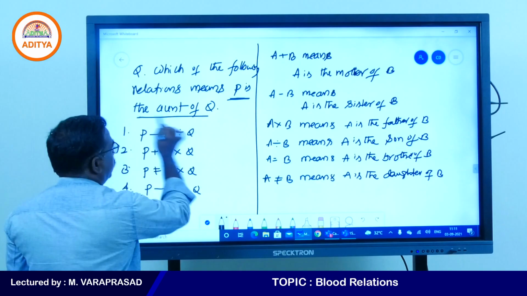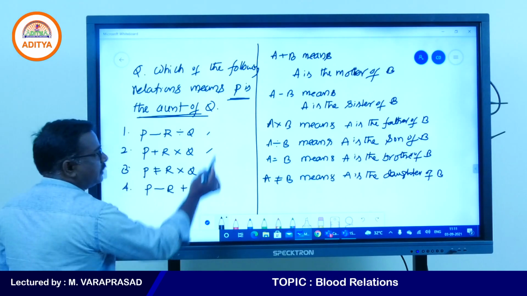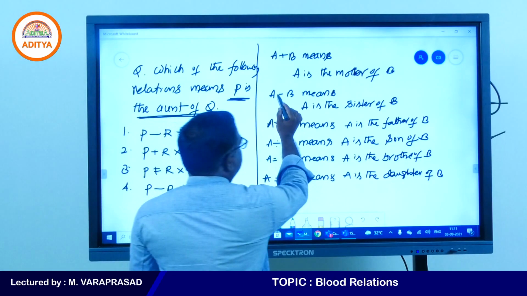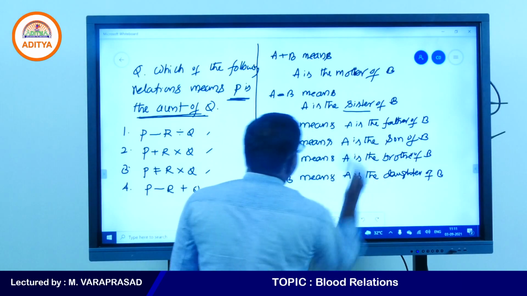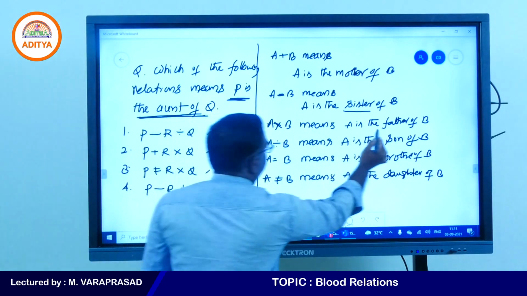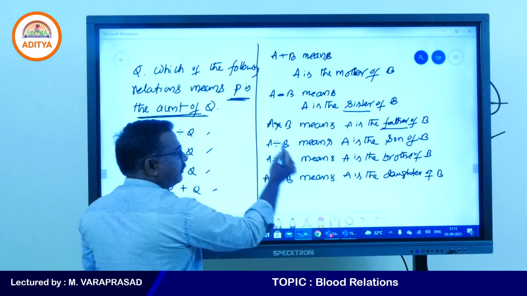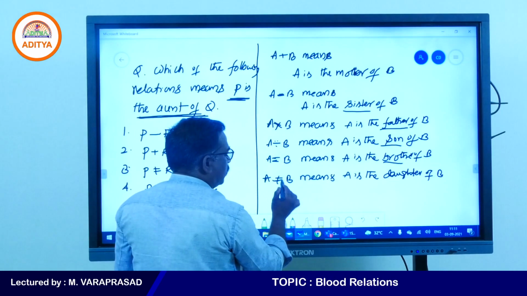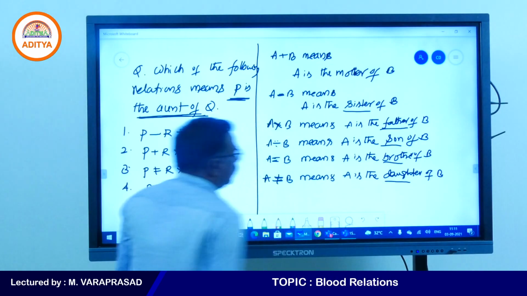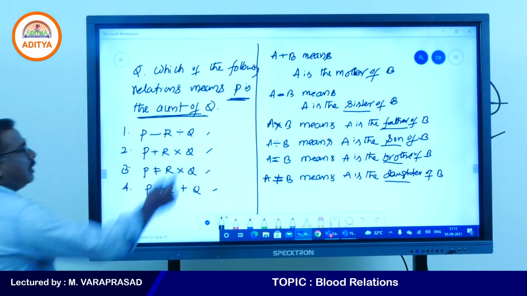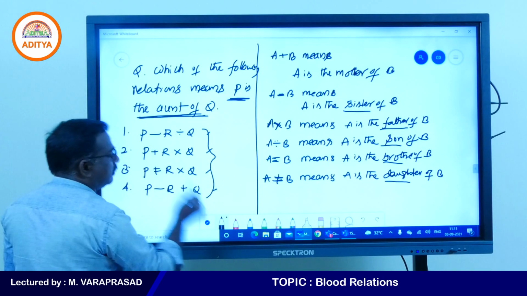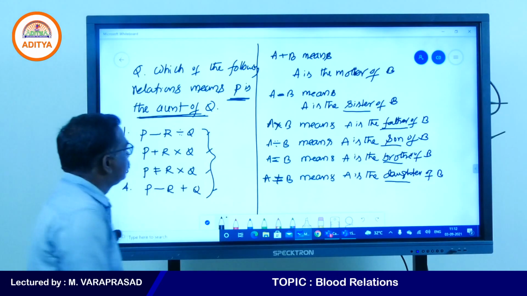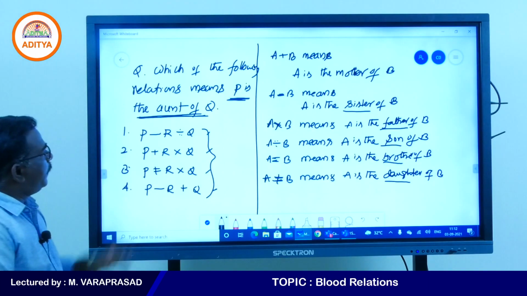So here, minus is defined as sister, into as father, divided by as son, equal to as brother, and not equal to as daughter. Now which relation gives P is aunt of Q in these four options?